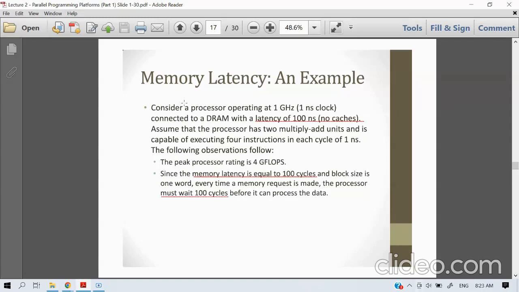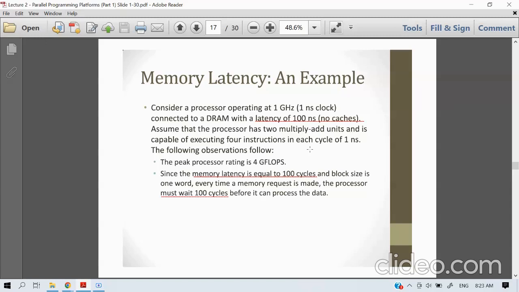All right, so another example. Consider a processor operating at 1 gigahertz, or a 1 nanosecond clock, connected to a DRAM, a memory, with a latency of 100 nanoseconds without cache.